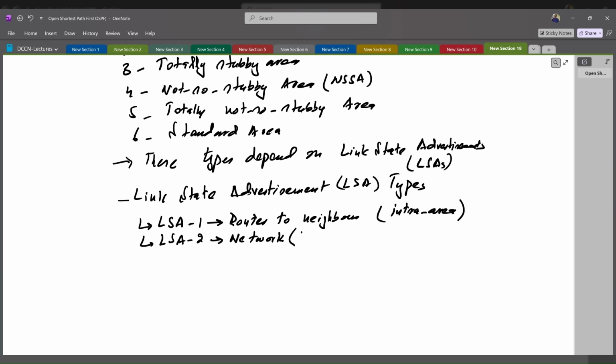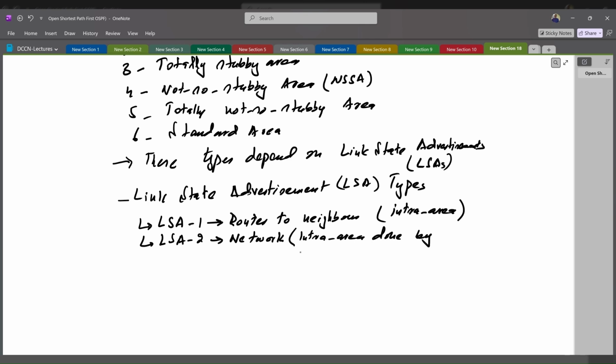This is again intra area, but this is done by a designated router. So this is intra area done by a designated router.